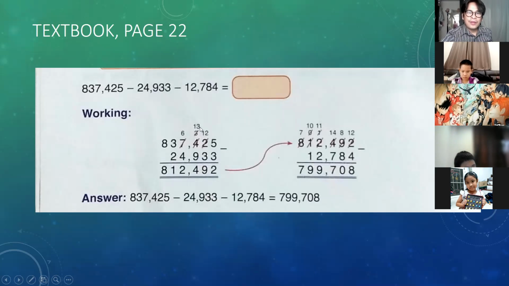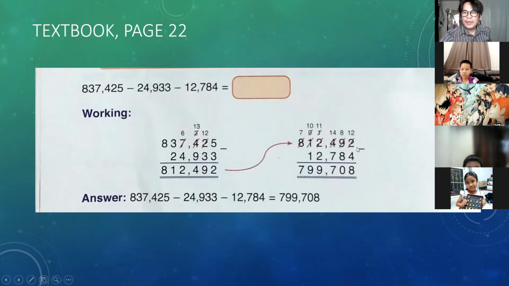So 3 becomes 13. We borrow 1 from 7. So 7 becomes 6. 13 minus 9 equals 4. 6 minus 4 equals 2. 3 minus 2 equals 1. 8 minus 0 equals 8. And then you write this difference here.